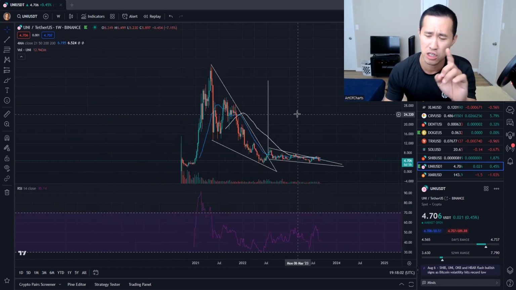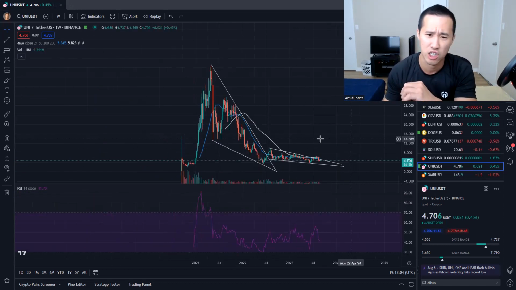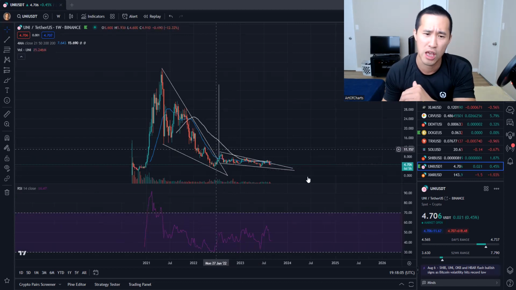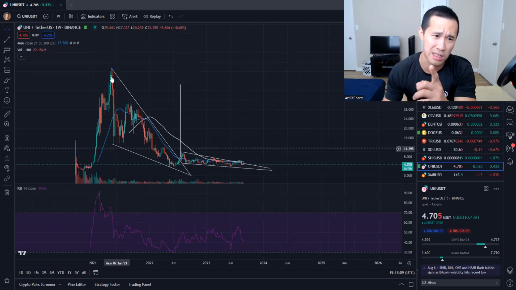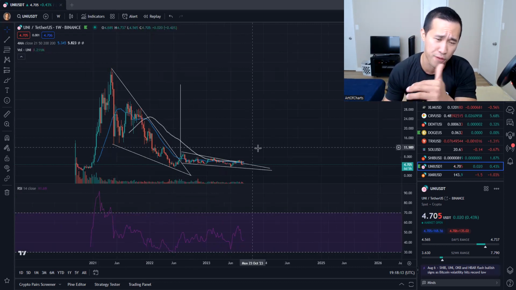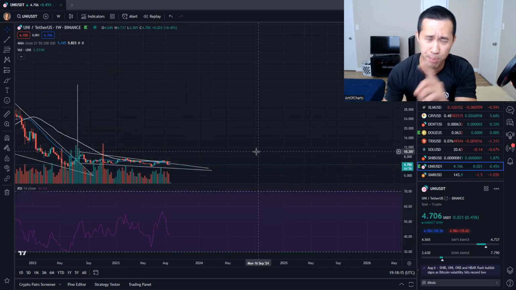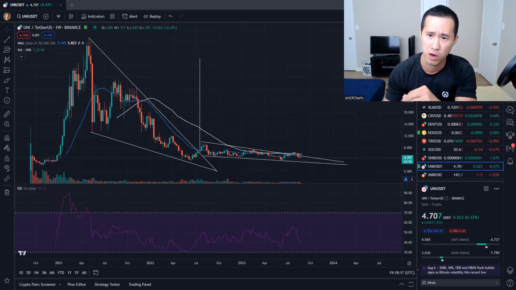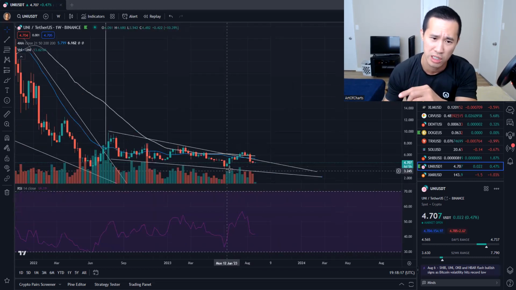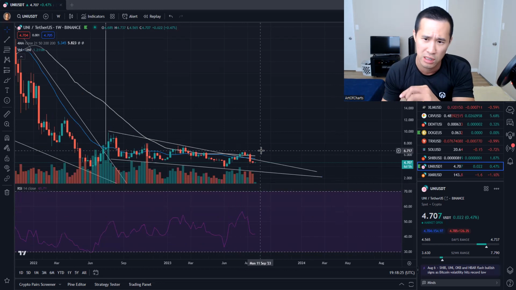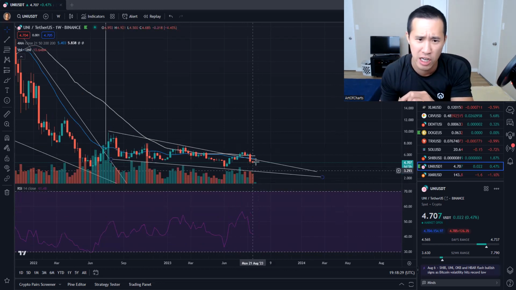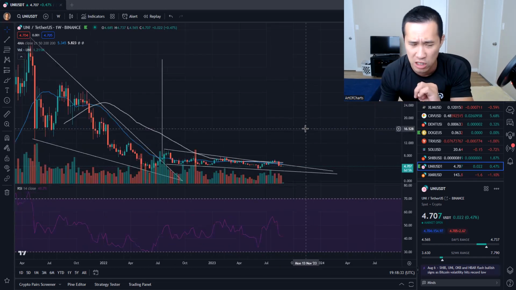So let's take a look at what the price action is doing more recently. We have a smaller falling wedge pattern, which the price action has formed since it broke out of this bigger falling wedge pattern. But the price action attempted to break out of this smaller falling wedge pattern at about $6.71, 72 cents, got rejected and basically broke back into the pattern.